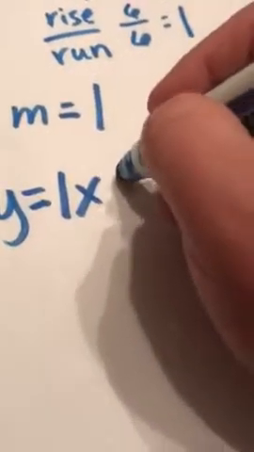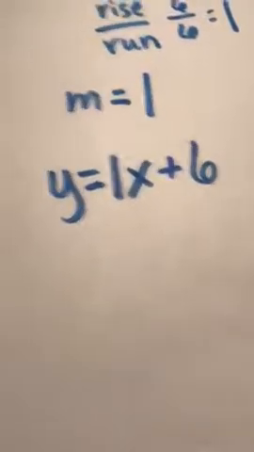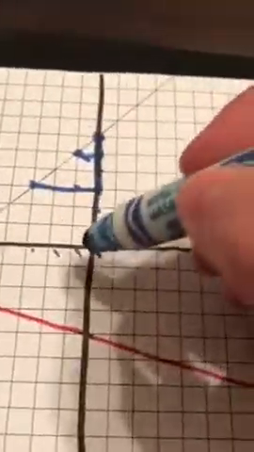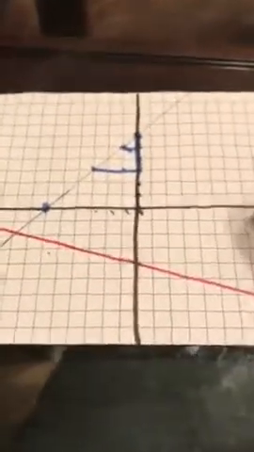So it crosses the y-axis at 6. So then I write plus 6 because it is a positive 6. Remember, I put my marker, and as I move it, that's when I count. I don't count until I actually move my marker.